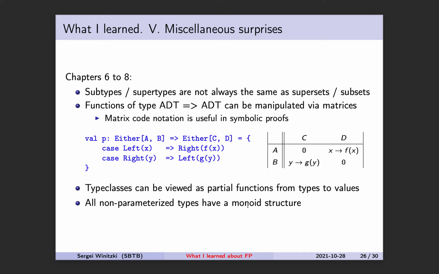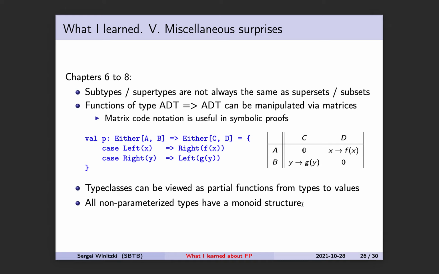Finally, I realized that monoids are everywhere. Every non-parameterized type has a monoid structure: integer, string, boolean, character, array of integer, or anything of that kind. Any data structure basically applied to any specific type, a tree of strings, all of that has a monoid structure.